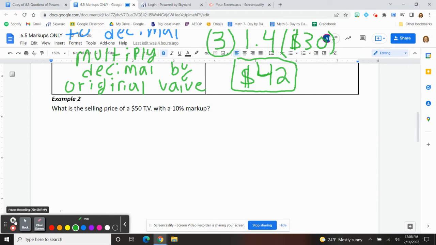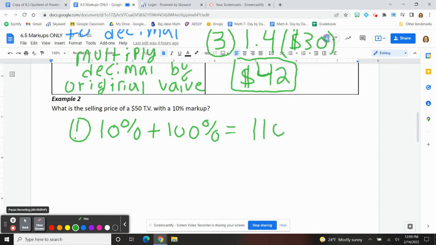So, example two, what is the selling price of a $50 TV with a 10% markup? So, our step one, we subtract, not, my apologies. We add 10% to 100%. This value then becomes 110%.